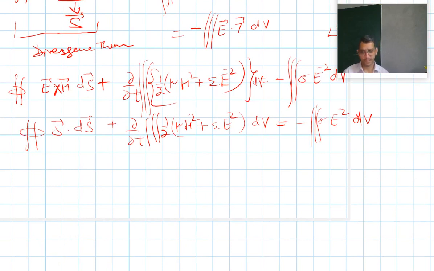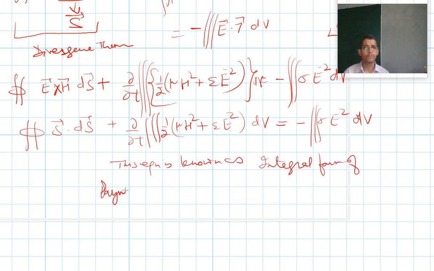That's what we are getting. And this equation is known as the integral form of Poynting theorem.